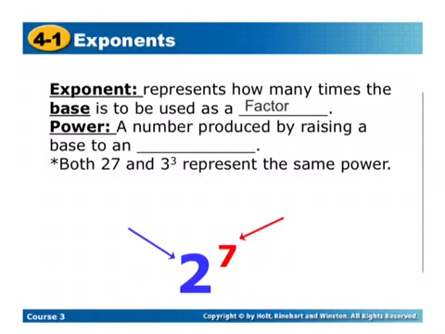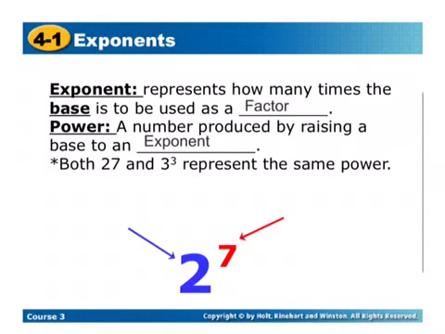A power is a number produced by raising a base to an exponent. So both 27 and 3 to the third represent the same power because 3 to the third we found when we evaluated equals 27.